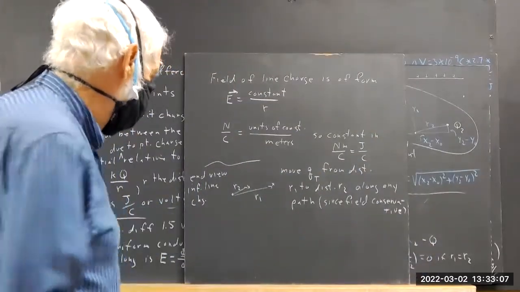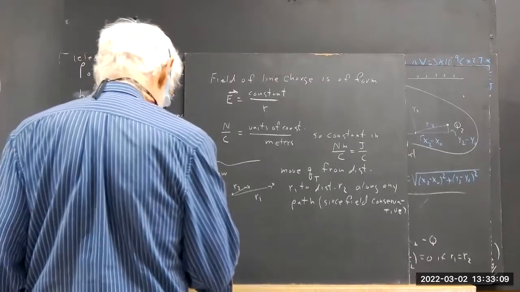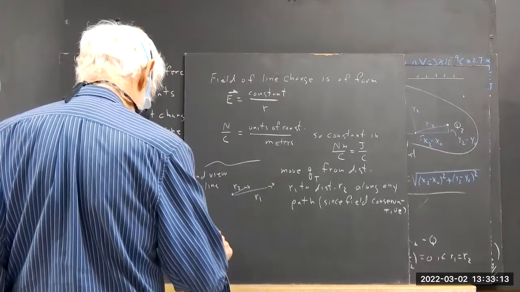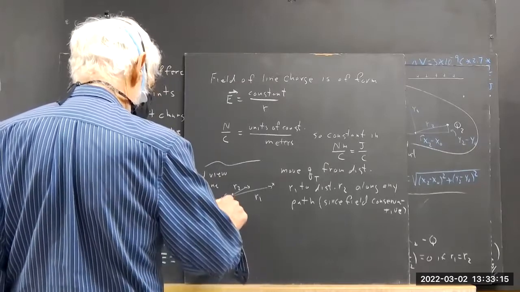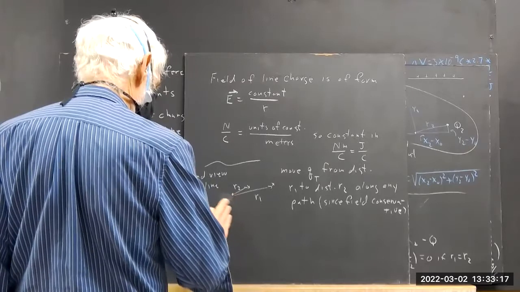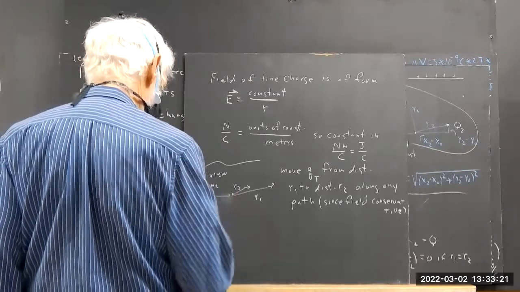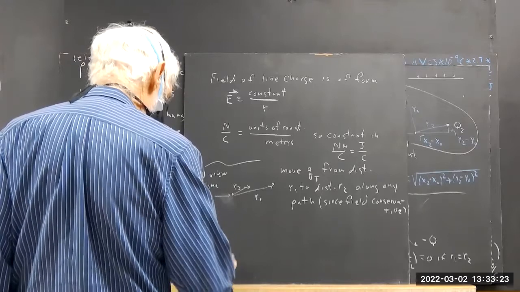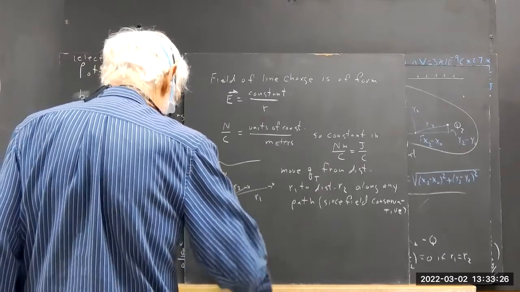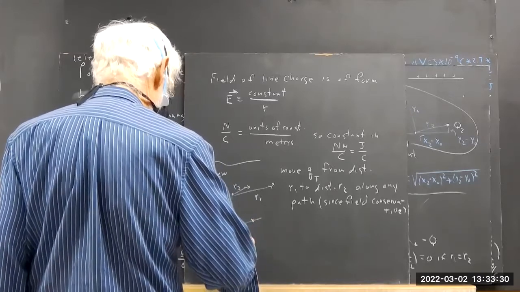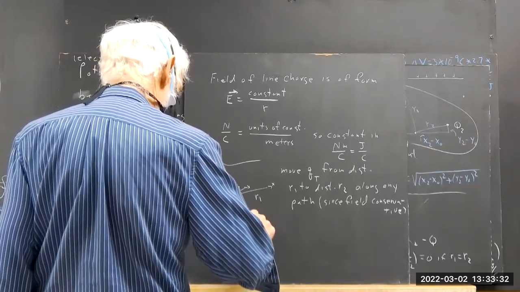Here is our line charge, the end view. I'm going to choose to move along a straight line from distance R1 to distance R2.